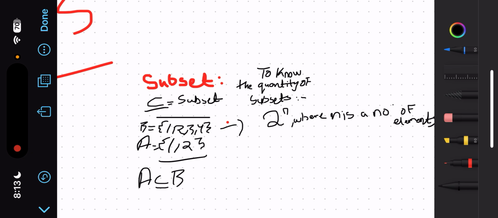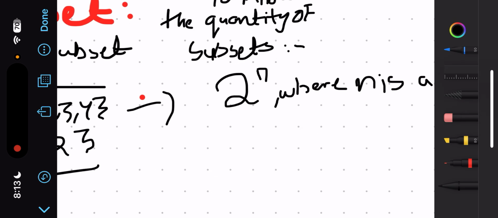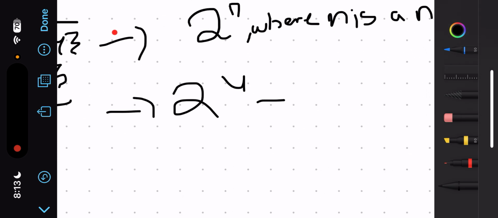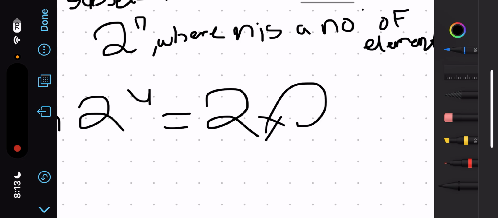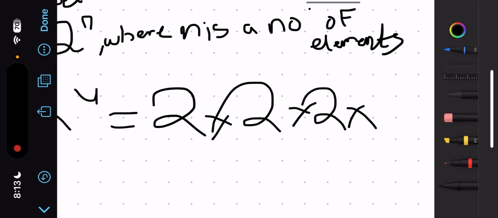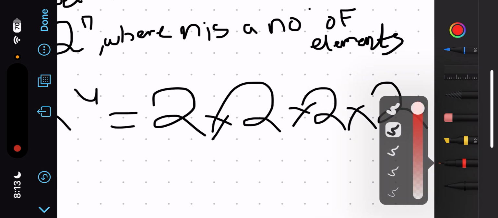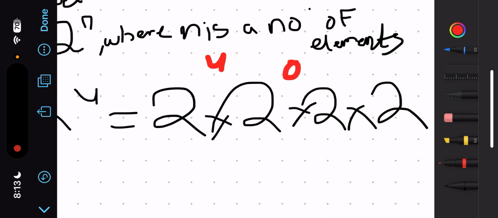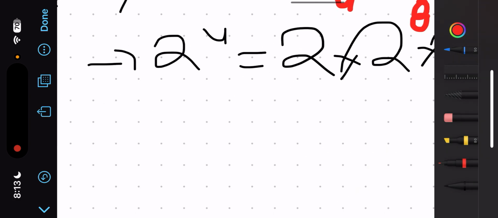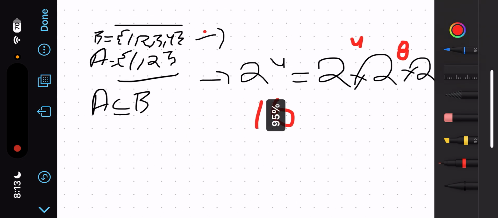For example, there are 4 elements in set B, so we replace it: 2^4. It would be 2 multiplied by 2, multiplied by 2, multiplied by 2: 4, 8 and 16. So the subsets of B will be 16.